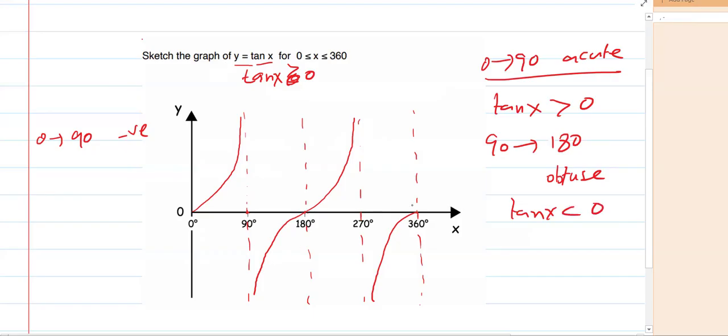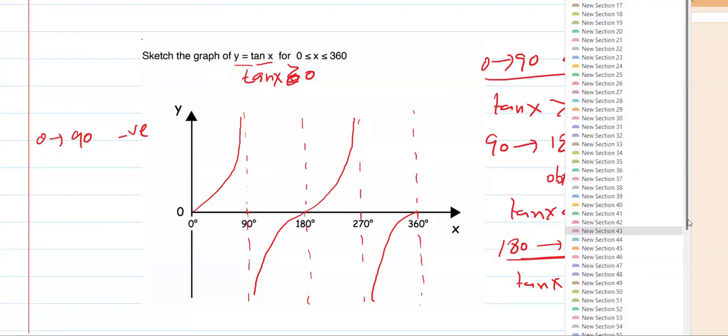From 180 to 270, tangent x is positive again. By the way, there is no name given to 180 to 270, but 180 to 360 is called a reflex angle. From 270 to 360, it is negative again.